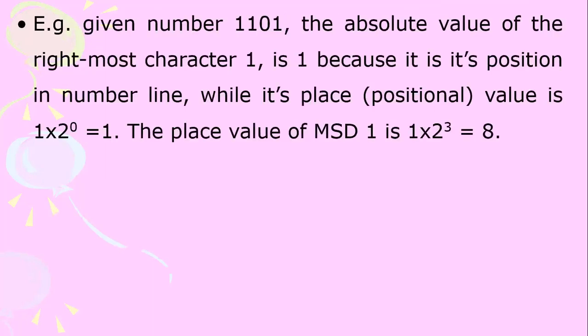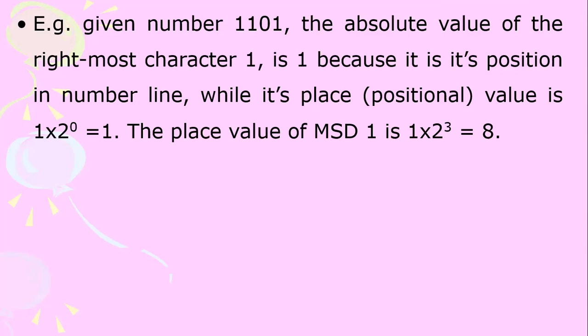For example, given the number 1101, the absolute value of the rightmost character 1 is 1, because it is its position in the number line. Note that in decimal, our number line runs from 0 to 1.